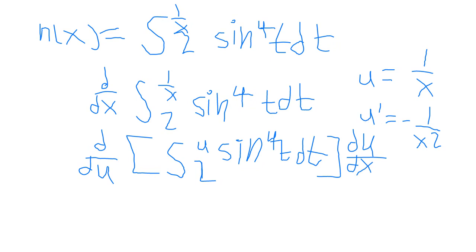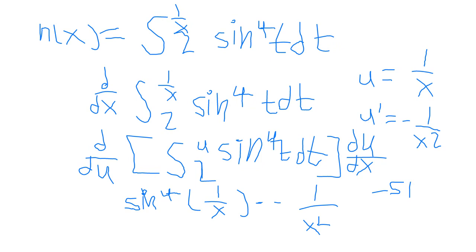Finally we can simplify all of this to f of u, that would be sine to the 4th power of 1 over x, multiplied by our derivative, which is negative 1 over x squared, and our final answer would be negative sine to the 4th power of 1 over x, over x squared.